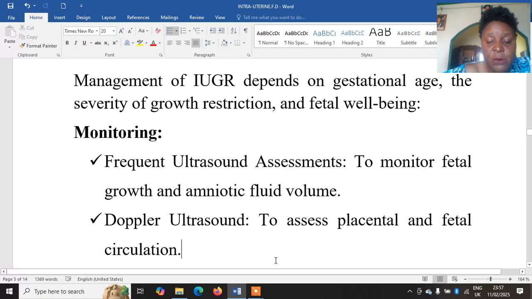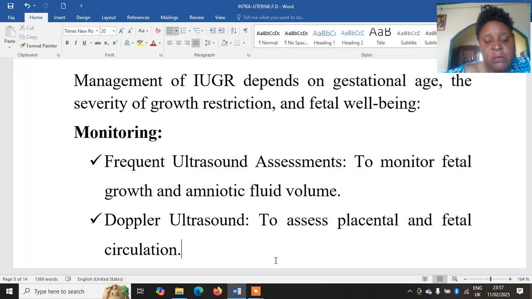So the first thing we can do, assuming the fetal well-being is not too bad, we shall continue monitoring with frequent ultrasound assessments to monitor the fetal growth and the amniotic fluid. Here we assume that this baby is not yet term. For example, we are in the second trimester or early third trimester, and the fetal heart is not bad.